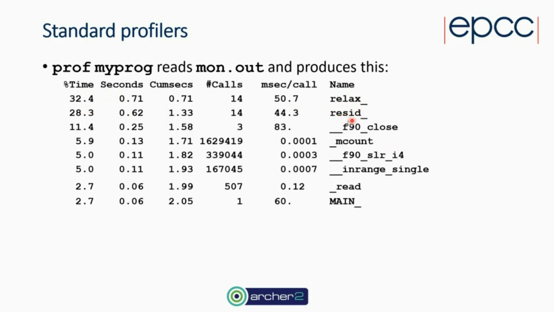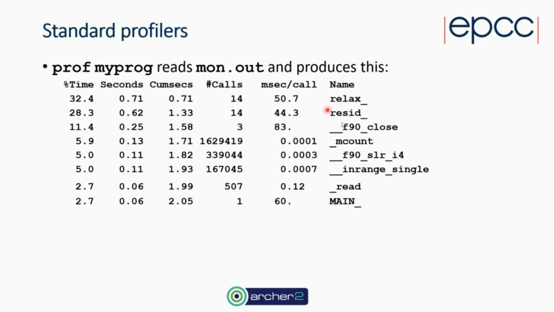Another 30% of the runtime was in this function called resid. Both of those were called 14 times. You can see my program only ran for less than a second, so it's maybe not a brilliant profiling run because it's a bit short. But we can see we've got two places where nearly 60% of the runtime is spent.